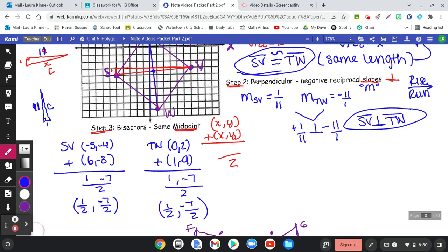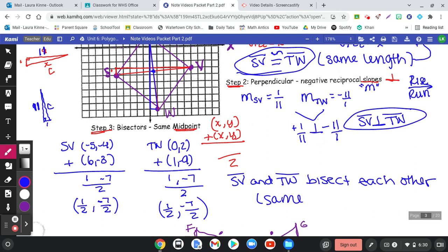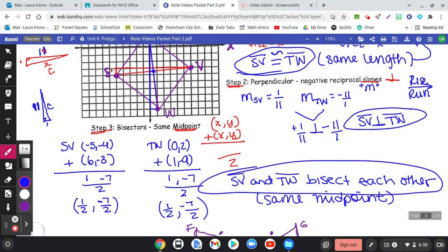So your last statement: SV and TW bisect each other because they have the same midpoint. And that is a coordinate proof.